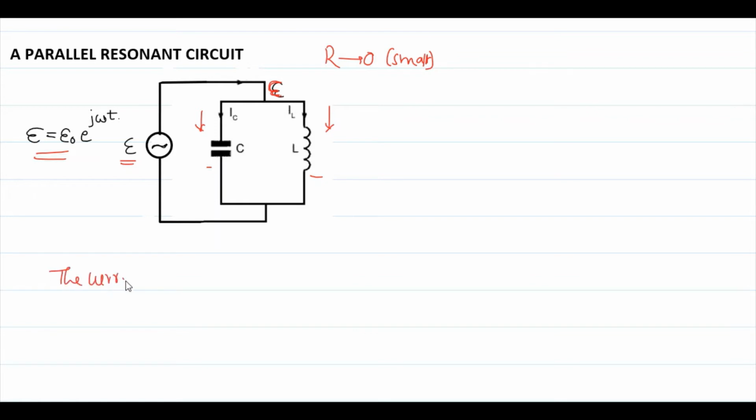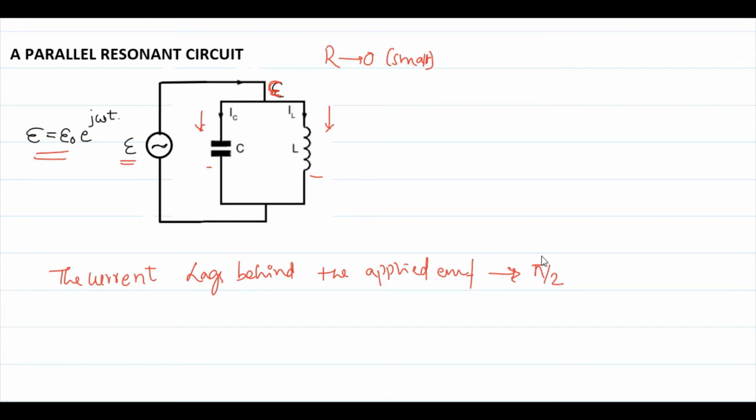As we know, the current through an inductance always lags behind the applied EMF by a phase of pi by 2, or 90 degrees. We studied this in the previous lectures.